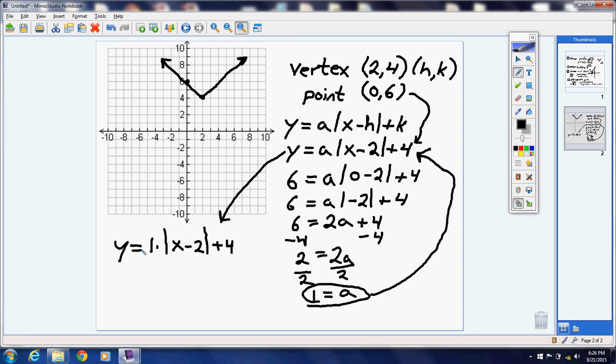We don't have to take 1 times this quantity inside the absolute value bars, because 1 times whatever this is still whatever this is. So we can just leave that out. Normally we just write it like this: y equals the absolute value of x minus 2 plus 4.